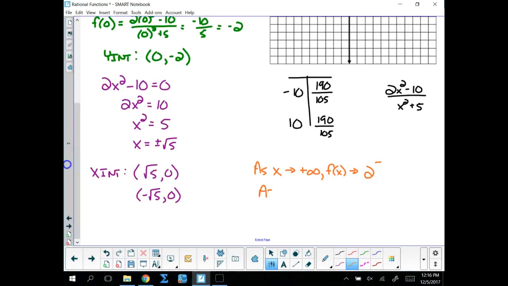As x goes to negative infinity, where does my function go? To 2 from below. Do I have any asymptotal behavior? Why not? No vertical asymptotes. Okay.